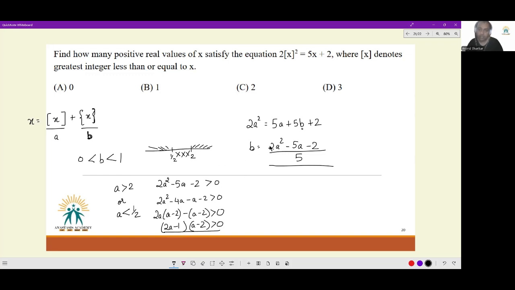Now, when B is less than 5, then I get 2a square minus 5a minus 2 is less than 5. This 5 comes over. We get 2a square minus 5a minus 7 is less than 0. So we get 2a square minus 7a plus 2a minus 7 is less than 0.